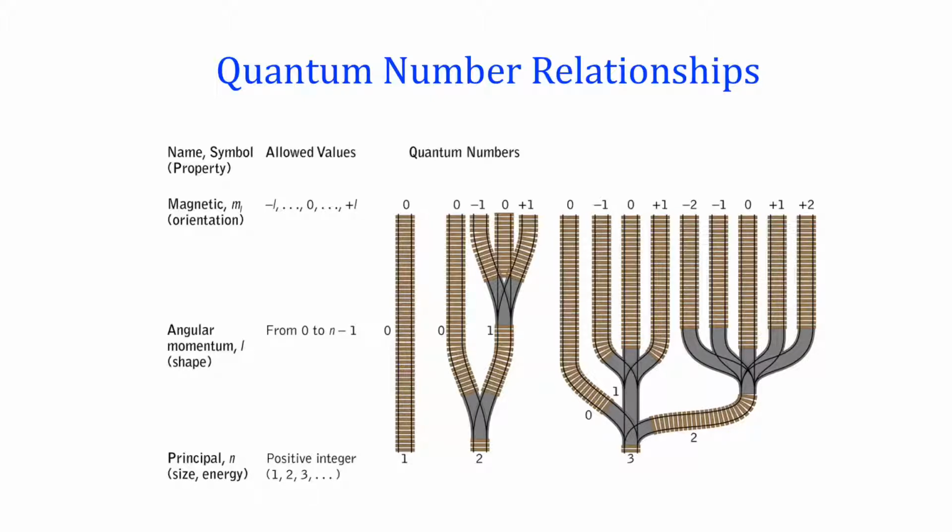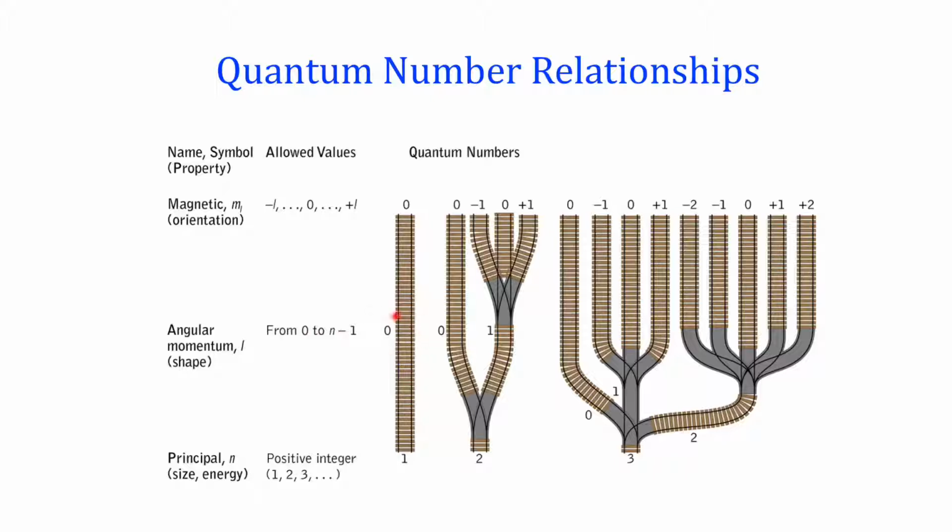Now looking at this image here, this gives us a little visual about how our three quantum numbers that we're talking about right now are related to one another. We always start with n down here. So n pretty much dictates the options that you're going to have for your other quantum numbers. If n equals 1, the only option for l in that case is going to be n minus 1, which is 0.